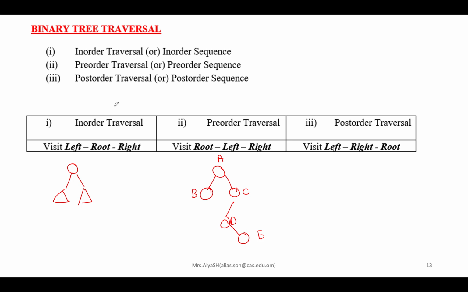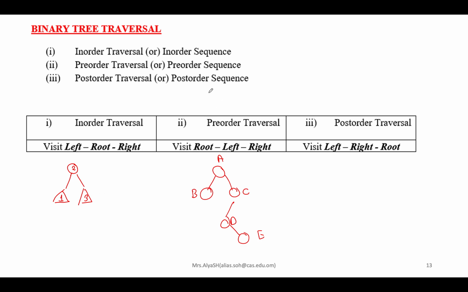In-order traversal, we usually visit first the left subtree, then the root, then the right subtree.